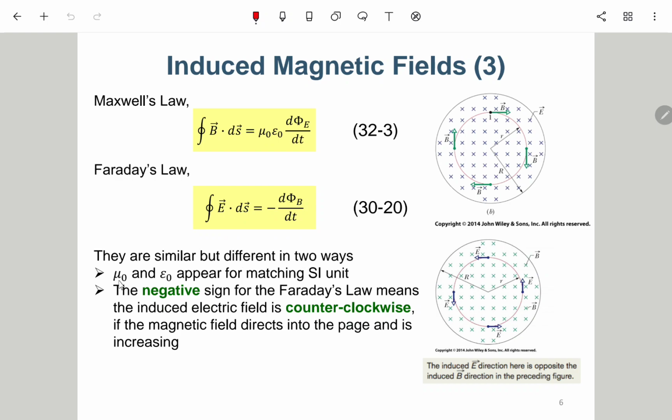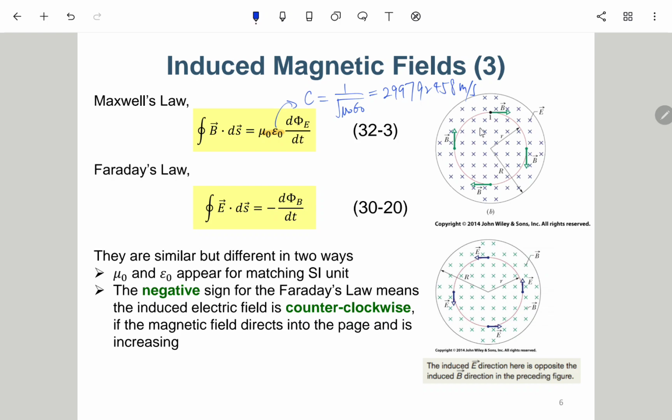The first one is that we have mu naught and epsilon naught appearing to match the SI units. This one is related to the speed of light. The speed of light c will be 1 over the square root of mu naught epsilon naught. This value is 299,792,458 meters per second.